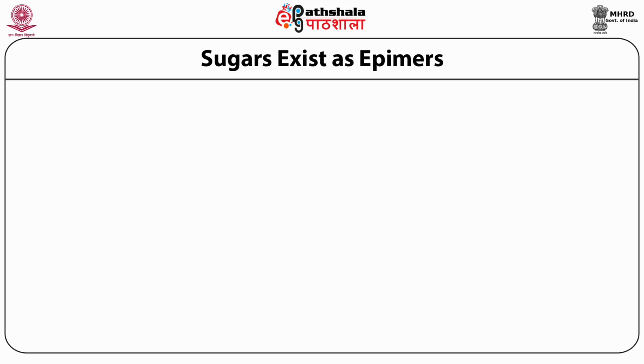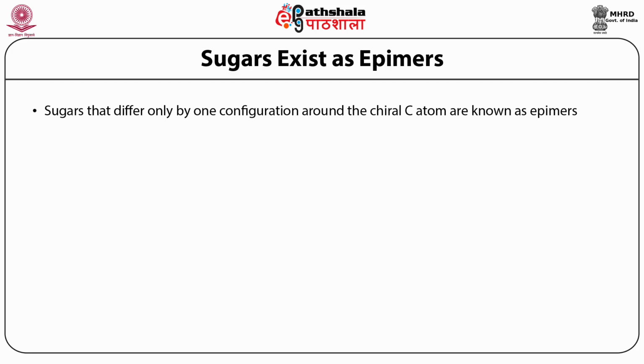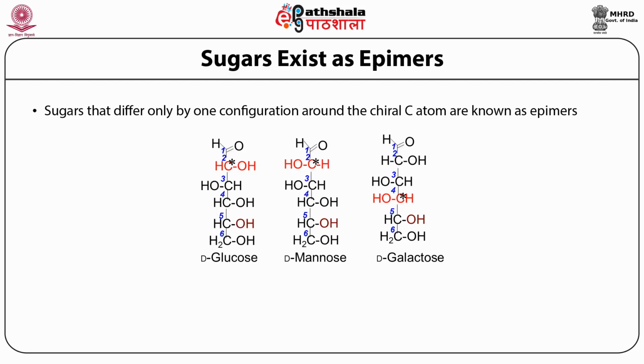A specific type of diastereoisomers is called epimers, and two molecules are said to be epimers if they differ in their stereochemistry only at a single carbon atom. You see here glucose, mannose and galactose, which are basically epimers of each other.